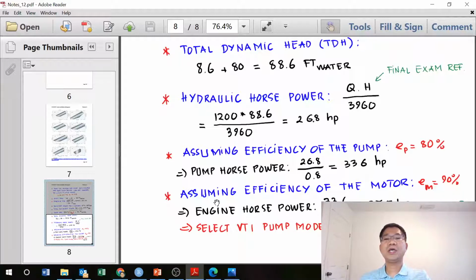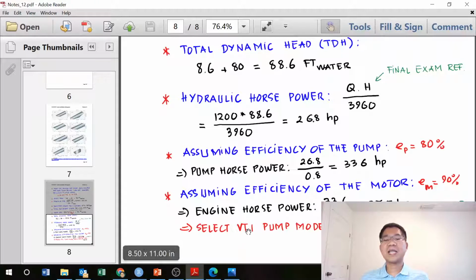Then the motor that provides energy for the pump has its own inefficiency, so I assume an efficiency factor of 90% in this case. You can assume 80% because that depends on the situation of the pump and the motor. As the engineer, you will decide that. With that, the engine horsepower divided by 0.9, we have 37.5 horsepower.